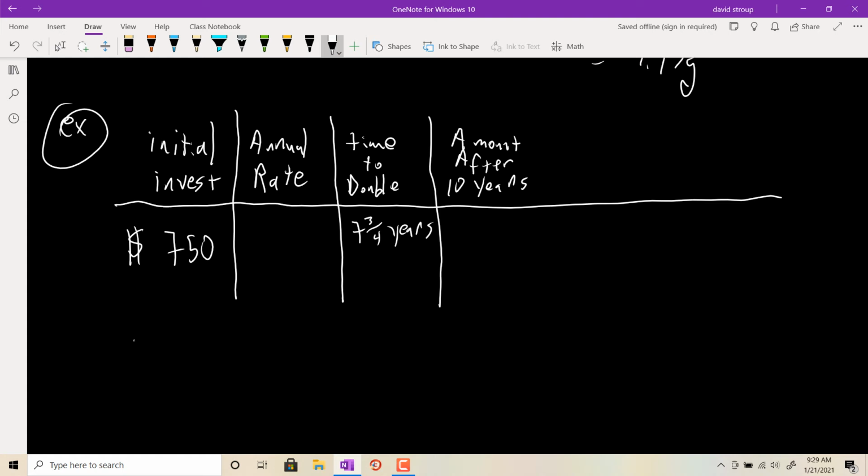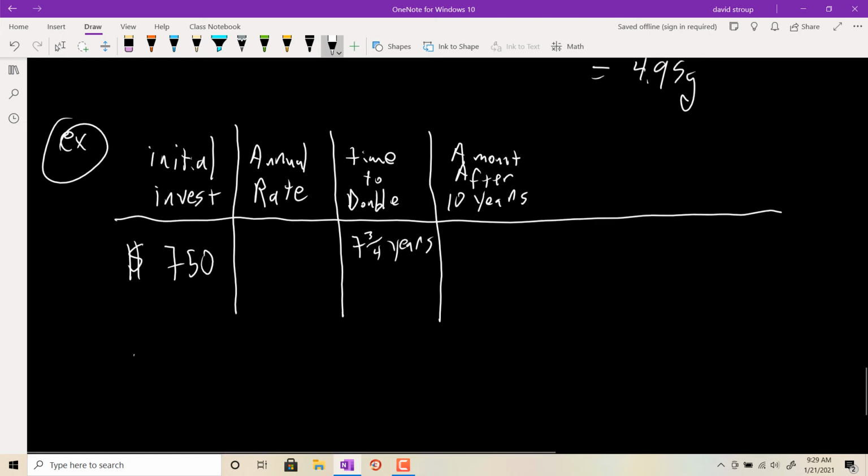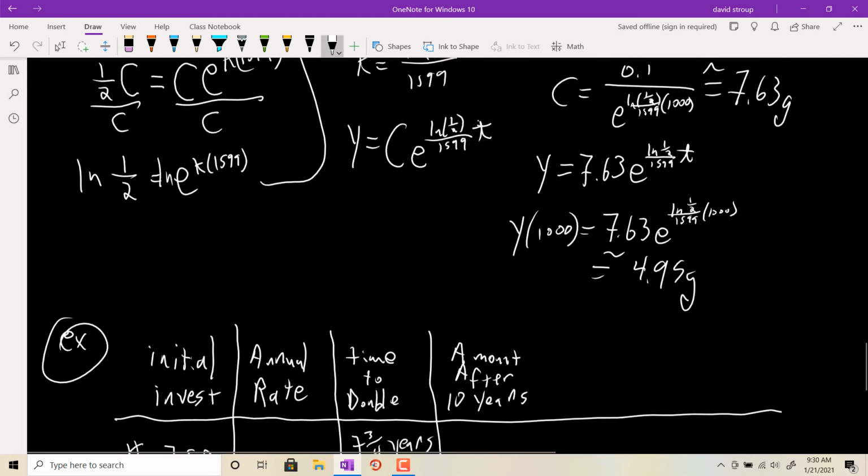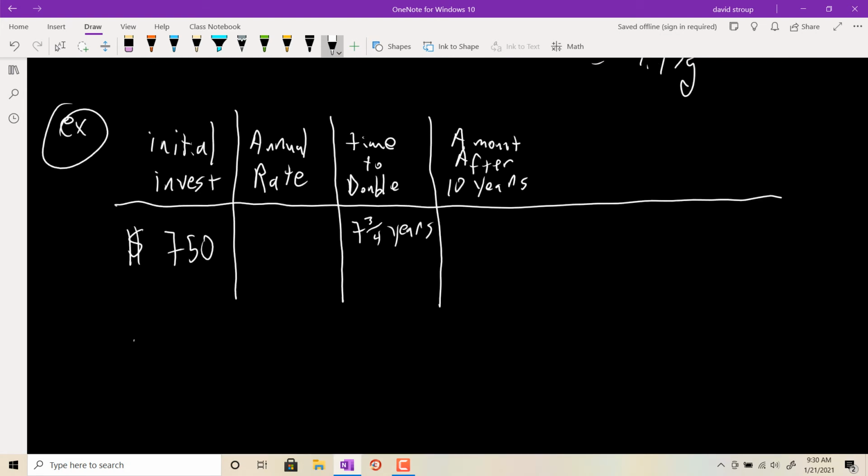Okay, so first off, it's similar to the half-life problem, except instead of half-life, you have double life, kind of. So instead of setting it equal to 1/2 c, you're going to set it equal to 2c. Okay, so you have 2c equals c e to the k times 7 3/4 years, but I'll rewrite that as 31/4.